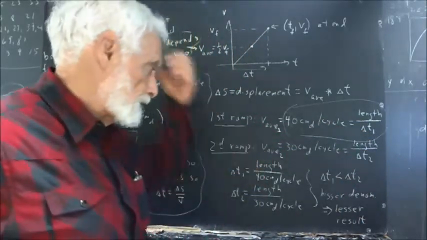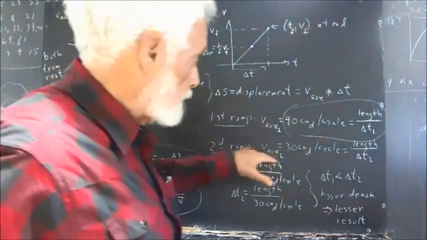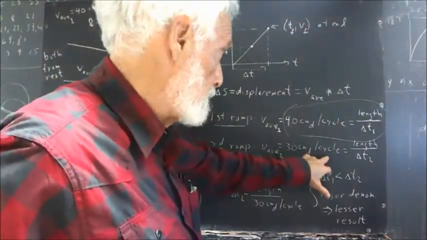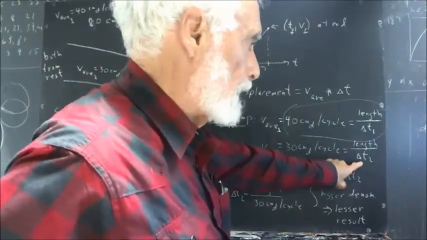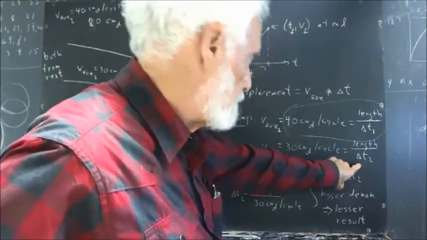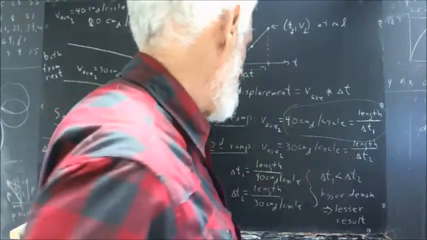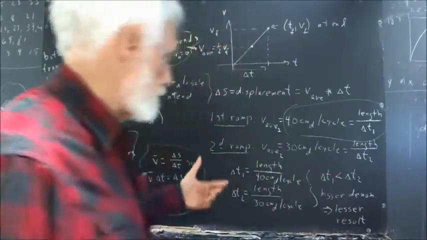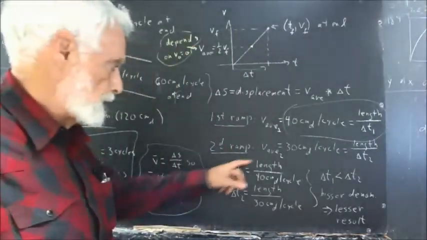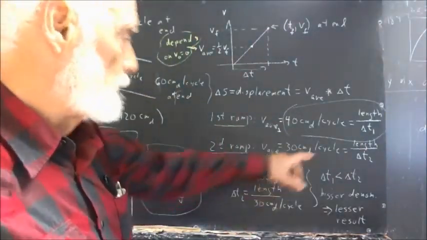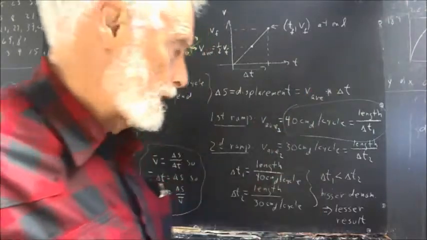On the second ramp, the average velocity is 30 centimeters d per cycle, and that's equal to the length divided by the time the second ball requires to get to the end of the ramp.